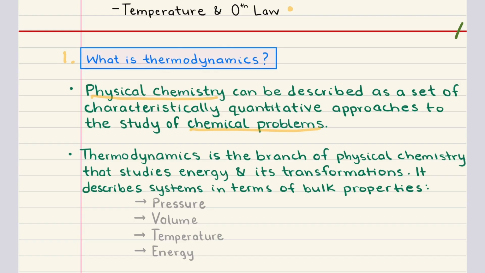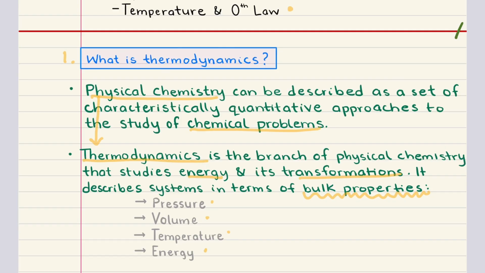Within this discipline, thermodynamics is the branch that focuses on energy and its transformations. When we study thermodynamics at this introductory level, we describe systems in terms of their macroscopic or bulk properties. These are measurable quantities like pressure, volume, temperature, and energy.